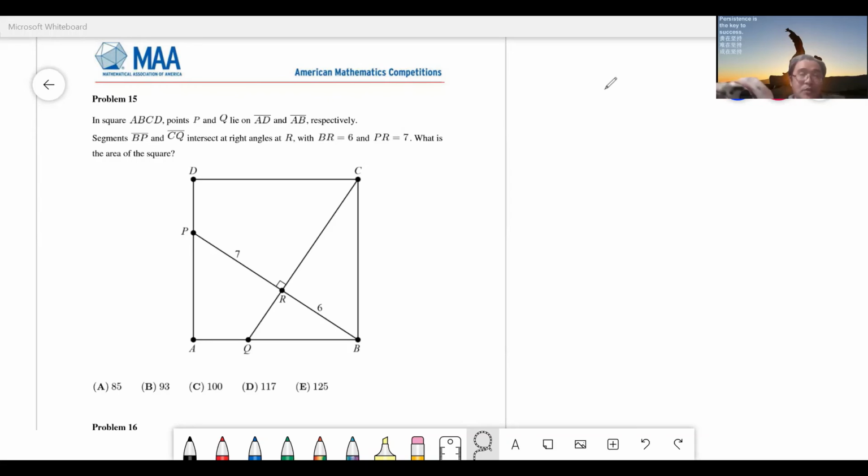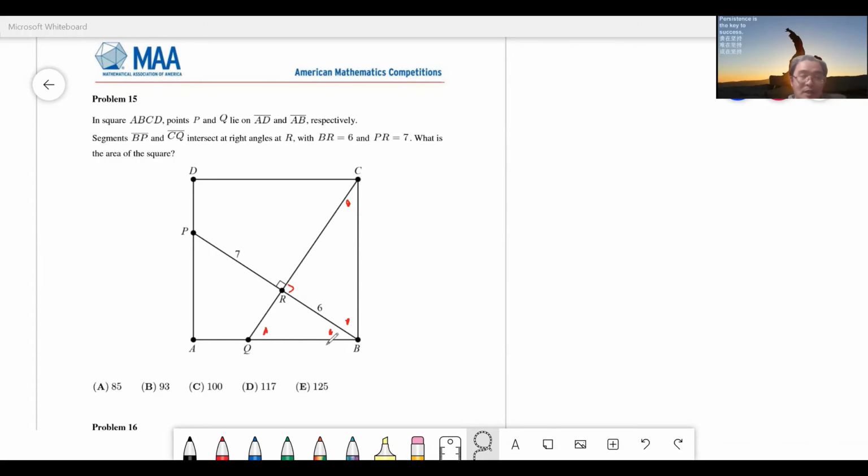When we first look at this, we can find a lot of similar triangles. We actually have right triangles here. Triangle BCR is similar to triangle BQR. These two angles are congruent, and these two angles are congruent.